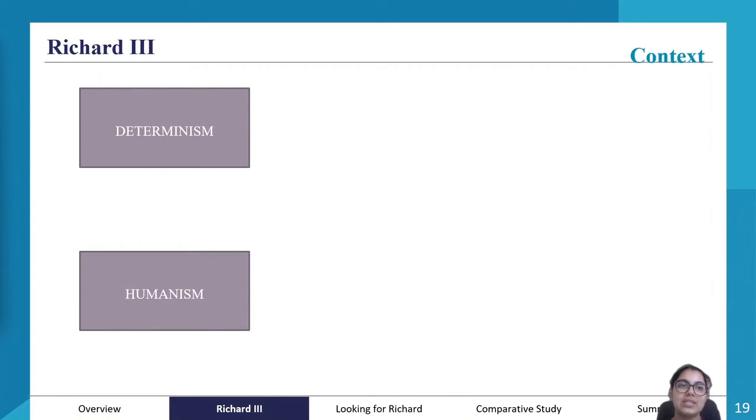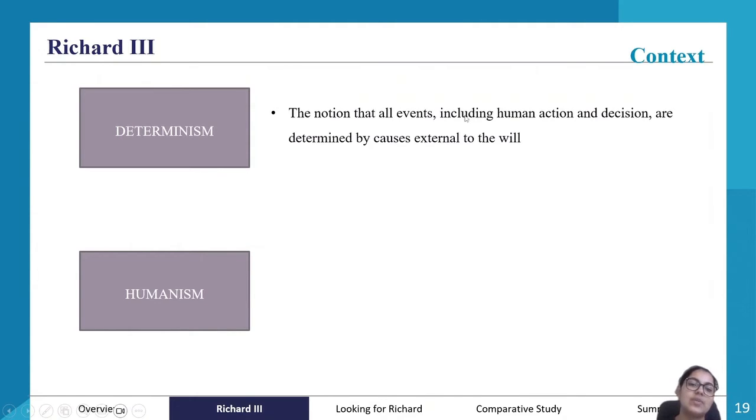So this is where we start to look at this big idea of determinism versus humanism. This is the idea you want to focus on in your essays. So essentially with determinism, it's this notion that all events, including human action and decision, are all determined by causes external to the world, that we don't decide, it's all written in the stars, right?